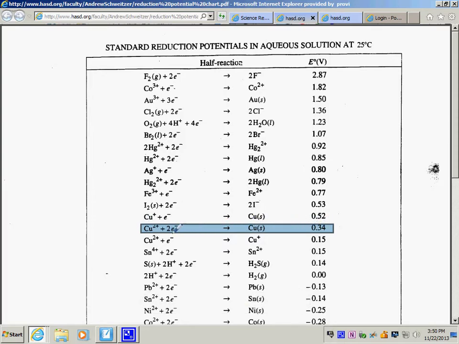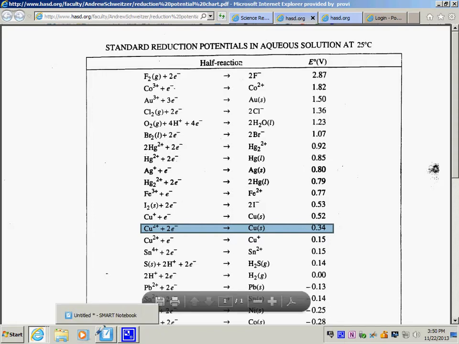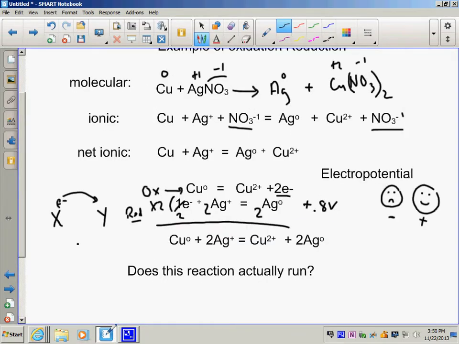I want the reverse of this one, so I flip the sign. That's important. Flipping the sign flips the reaction. So all the reductions around here, if you want to find an oxidation version, you just take it and flip it. So this one, rather than being a positive 0.34 volts, is a negative 0.34 volts. Add them up for my total voltage.